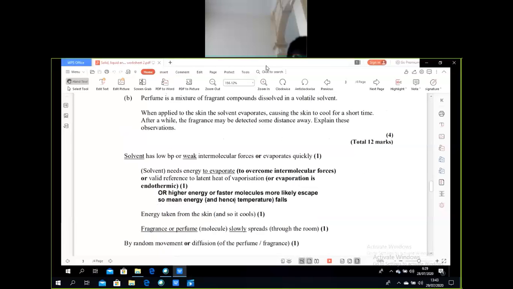Higher energy or faster molecules directly escape, so the mean energy falls. That makes the energy be taken from the skin, so it cools. We know that endothermic is energy taken in from the surroundings.